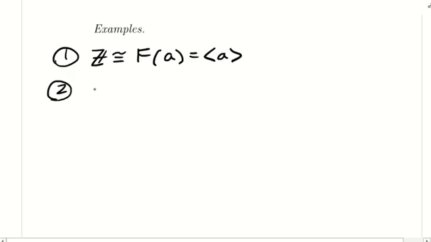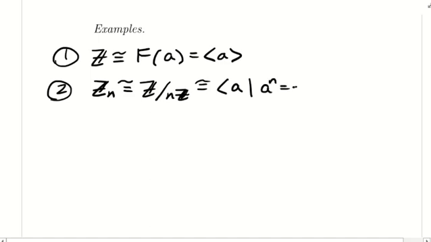What about Z mod N? So another way we could call that is Z mod NZ, right? Factor group of the integers. That would be generated by a single generator with the relation that A to the N is the identity.